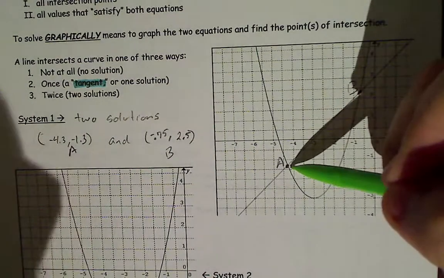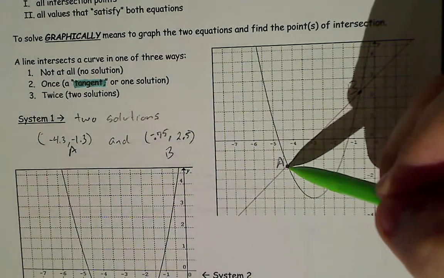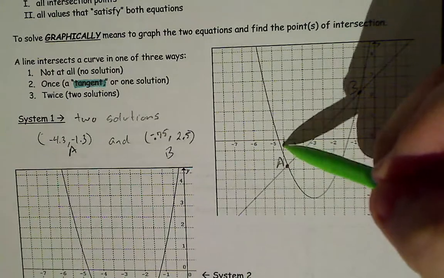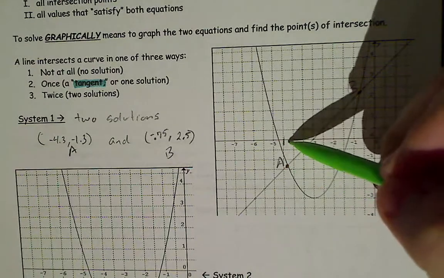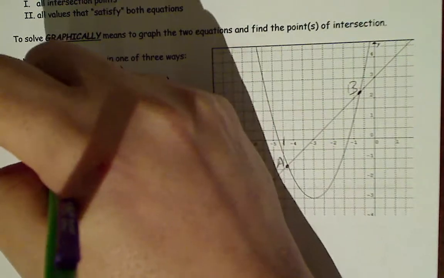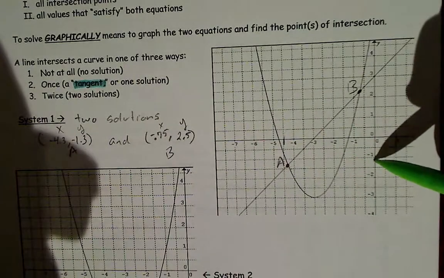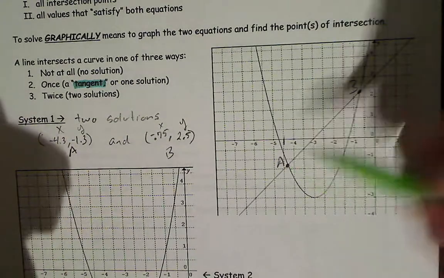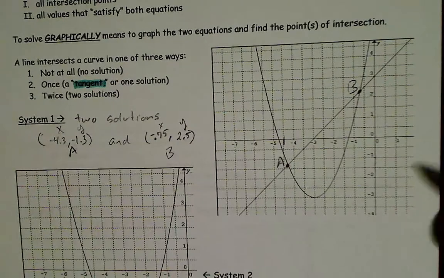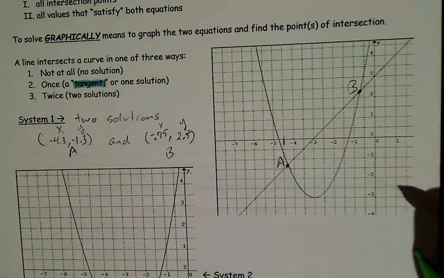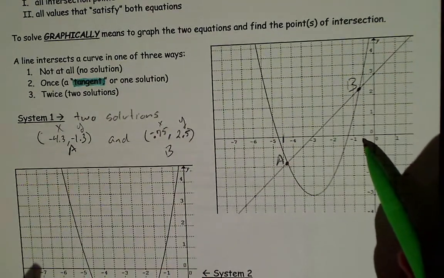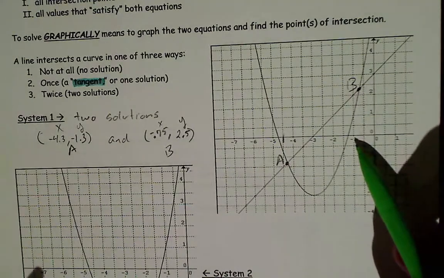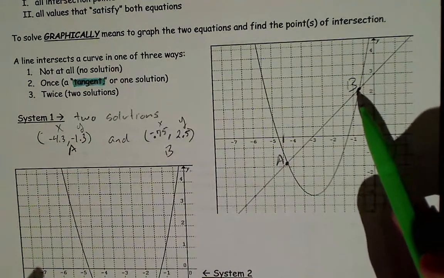The reason why I know this is about negative 4.3, negative 4.4 is because this is the halfway mark, which is 4.5, on the x. Your solutions have to have your x and your y component to them every time you do these. And then the y is roughly negative 1, negative 1.5. It's about negative 1.3, negative 1.4 also. Either one would have been fine. And then b, same thing. 0.5, so halfway to negative 1 is about negative 0.75.